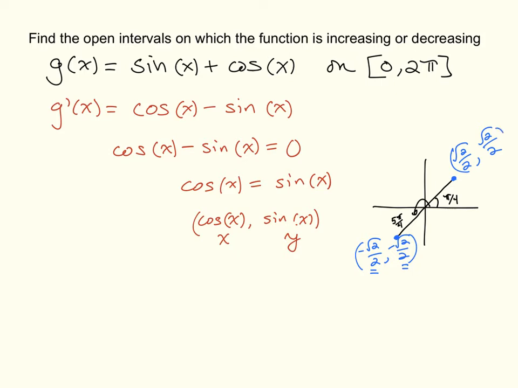And again, the cosine and the sine coordinates are exactly the same. So for this equation, we have two answers. X must be pi over 4, and x must be 5 pi over 4.